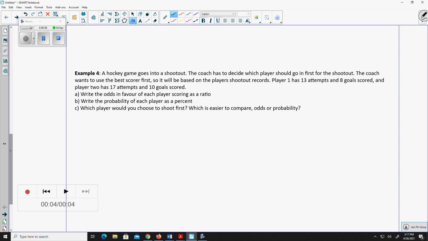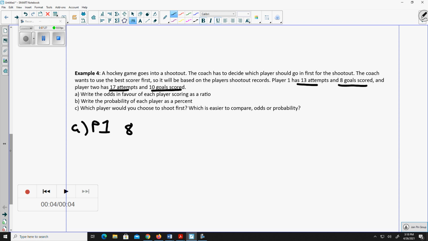Player 1 has 13 attempts and 8 goals scored. And player 2 has 17 attempts and 10 goals scored. So now what we're going to do is write the odds in favor of each player's scoring ratio. So for A, in favor of each player scoring. For player 1, we'll put P1. Out of 13, he had 8 goals.